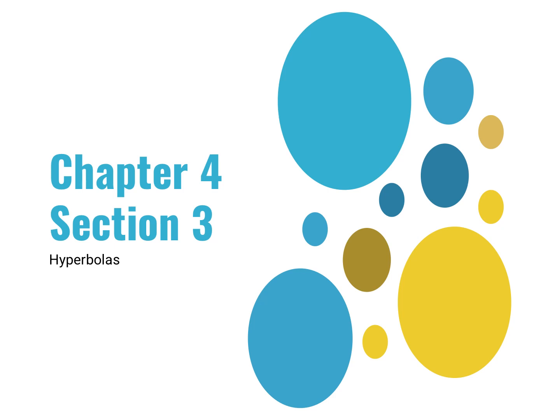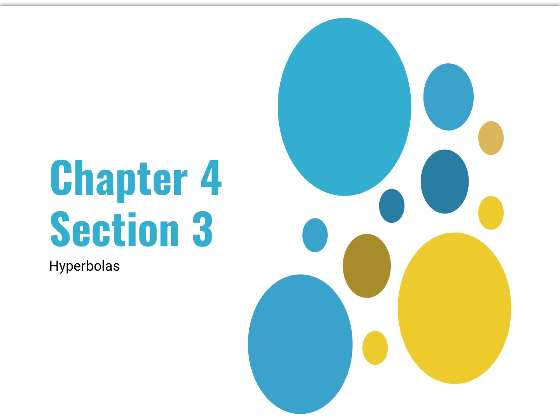This video is going to be on 4.3. Technically, this is going to be part F, okay? In part E, we focused on identifying hyperbolas, understanding the equation of a hyperbola, and how to identify the vertices, the foci, the center, the asymptotes, and then graphing them.